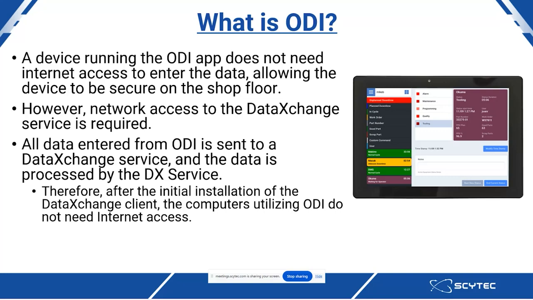Therefore, after the initial installation of the data exchange client, the computers utilizing ODI do not need internet access. We offer this to support our on-premise customers where no data can be stored up in the cloud or anything like that. So if you are an on-premise customer, you can still use the operator data interface via everything I just discussed here.